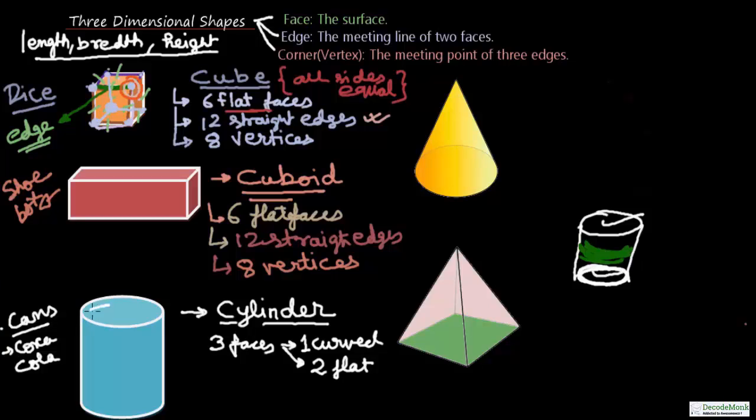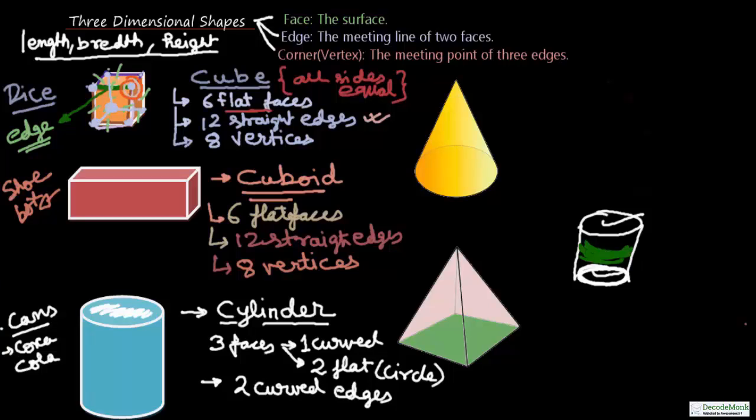So this upper portion is a circle, so these flat faces are circles. These things you need to know. It has got 3 faces, one curved, 2 flat, and there are 2 curved edges.